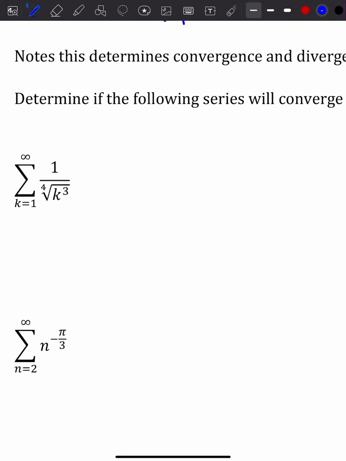So if we look at this first one, this is the summation from k equals 1 to infinity of 1 divided by the 4th root of k cubed. So we want to go ahead and rewrite it. If I remember my exponent rules that we use when we use power rule, p-series, we are going to change the 4th root of k cubed to the 3/4 power.